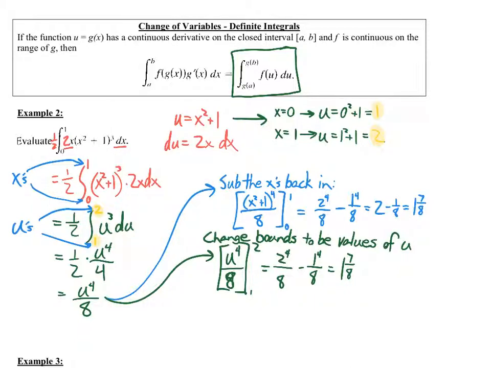All we care about is that number at the end. So whether we change variables completely to u, like we did in the green, or whether we change it to x, but then change it to u and then change it back to x, either way, we'll get the same answer at the end, so we don't care which method you use. Okay?